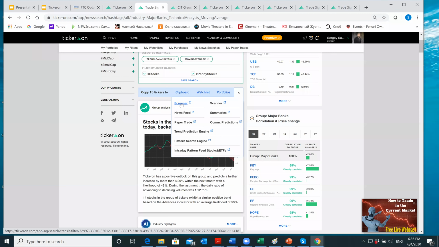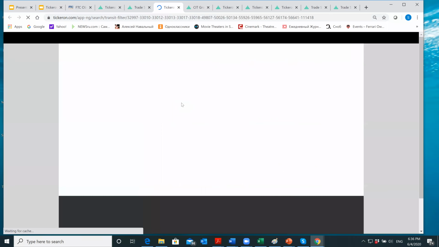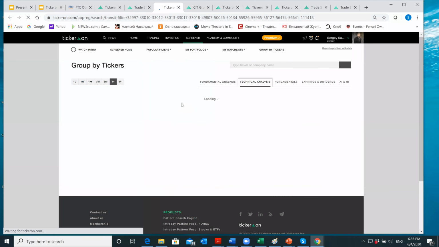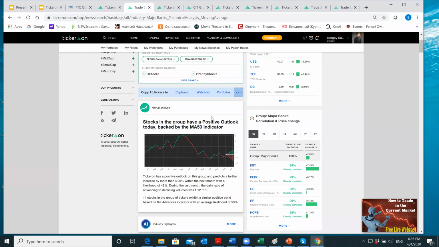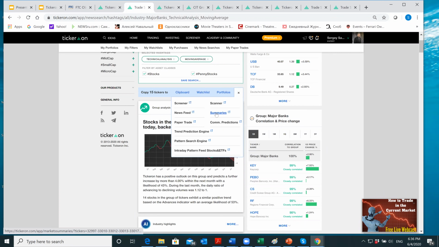If you move it to the screener, you're going to be able to view all these 15 stocks as a table. And now you have that here, and I will get back to that screen. What I also can do is move it and create a portfolio. I can also look at the summaries.